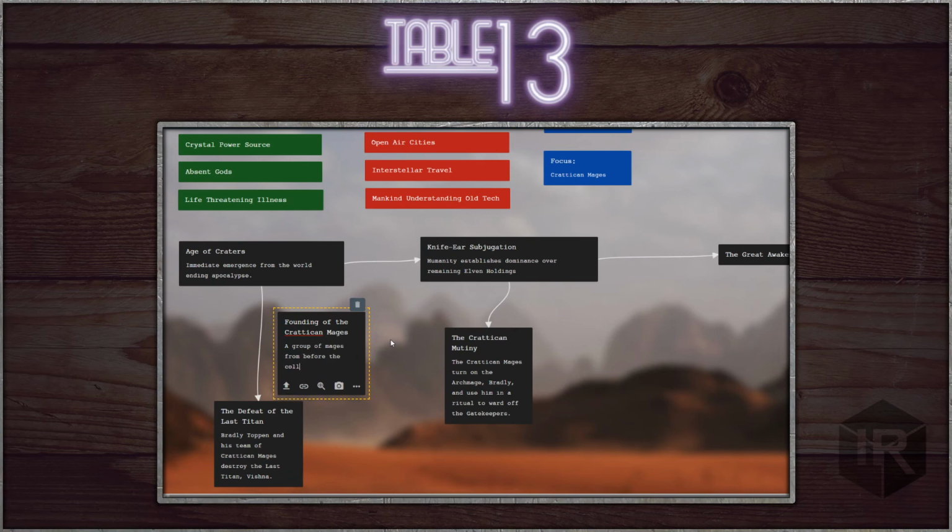So mages exist already at that point, basically. Yes, not like the people who came out and were like, "Oh yeah, magic." No, there'd be mages from before the collapse, even.